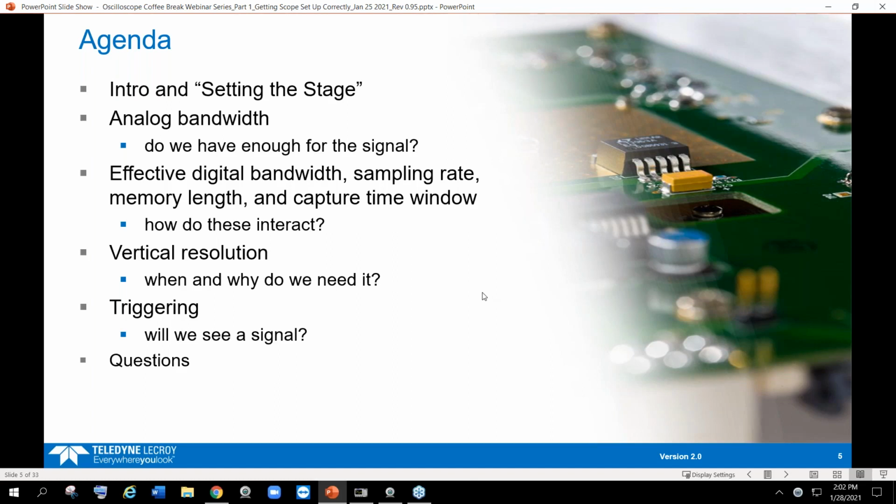We'll look at the interaction of a scope's time base, the time window, the capture time, the sample rate, the memory length, and how all of this is going to affect the digital bandwidth, so very important, and how they interact. And then we'll look at the ADC and the vertical resolution that scopes provide, and when and why you need it. And then we'll look briefly at triggering.